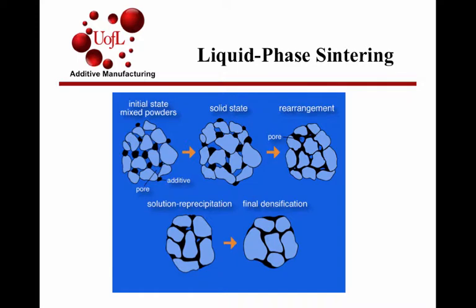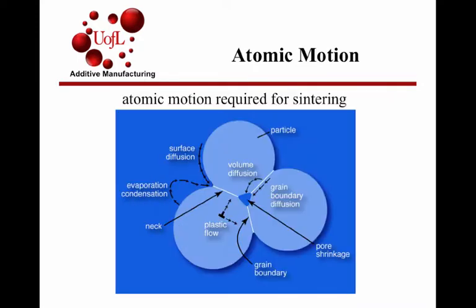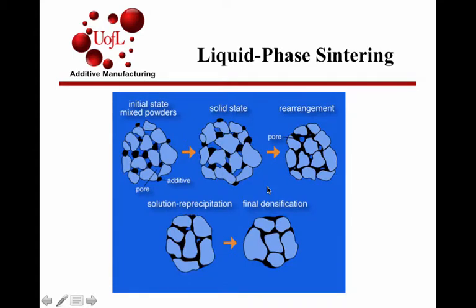In addition to solid state sintering, as is shown over here, we also have liquid phase sintering, where you have a mixture of metal particles, one having a lower melting point compared to the others. So when the dark powders shown undergo melting, they can, by capillary action, pull the particles together.